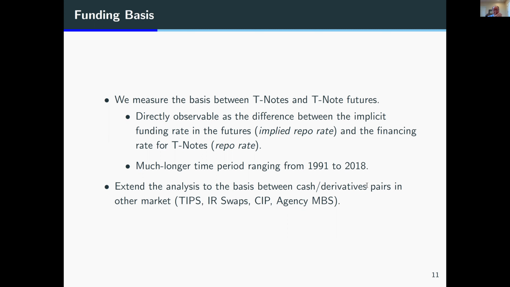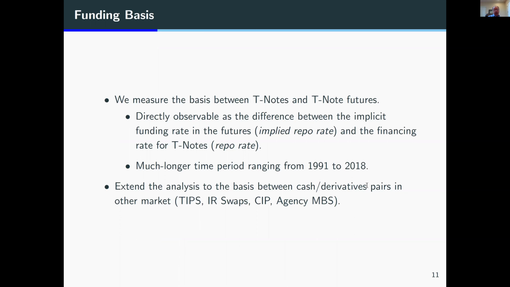So we're simply looking at repo rate versus implied repo rate. In theory, without any frictions, those two things should be the same. But if you're renting balance sheet space by going long T-notes synthetically in the futures market, then that implied repo rate should reflect the incremental cost of those balance sheet usages.